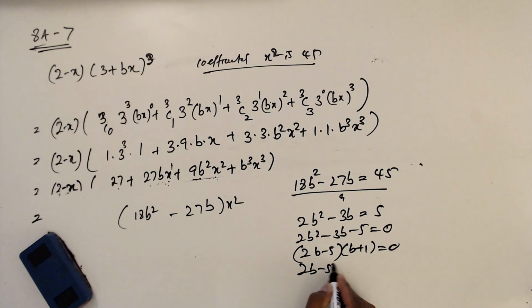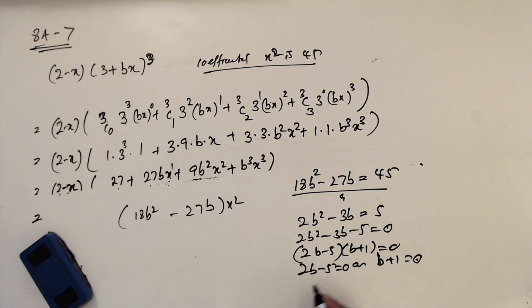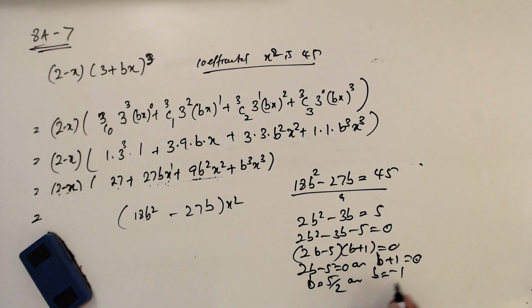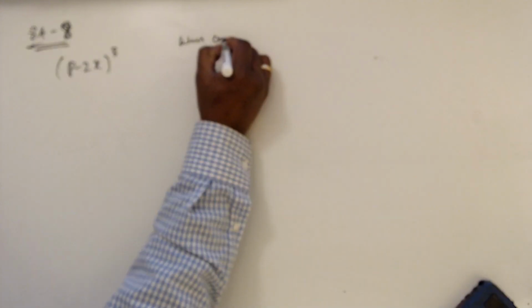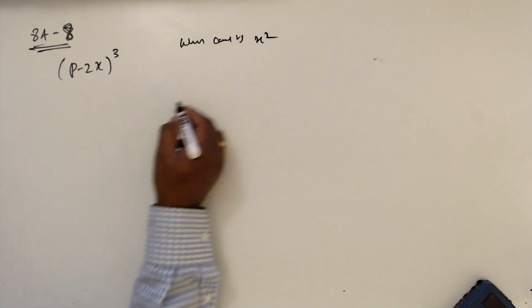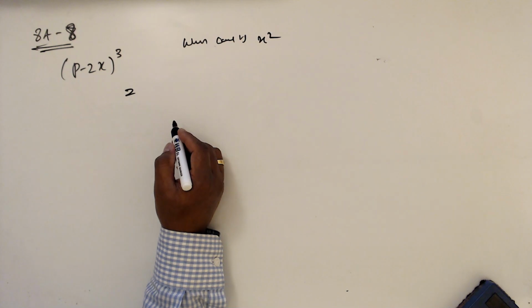So 2b minus 5 equals 0 or b plus 1 equals 0. b equals 5 divided by 2 or b equals minus 1. So, work out the coefficient of x square.